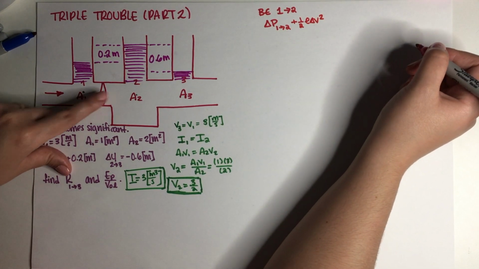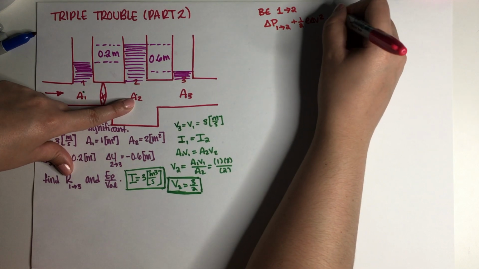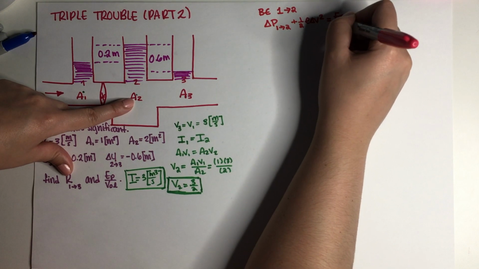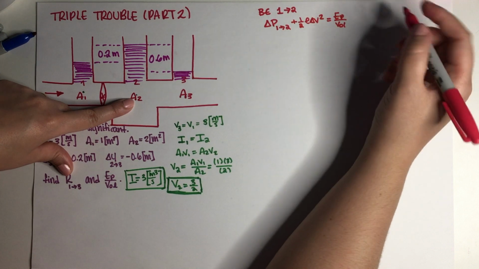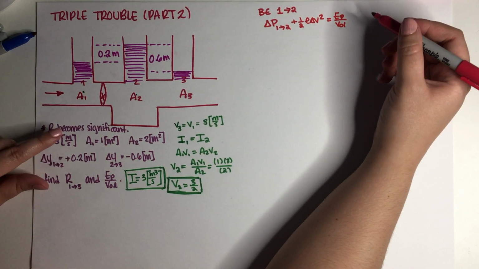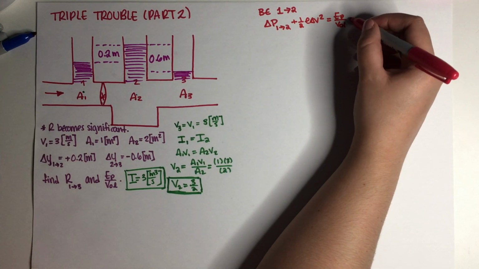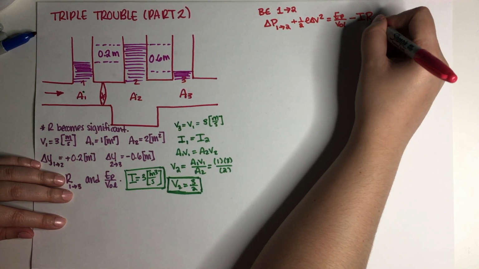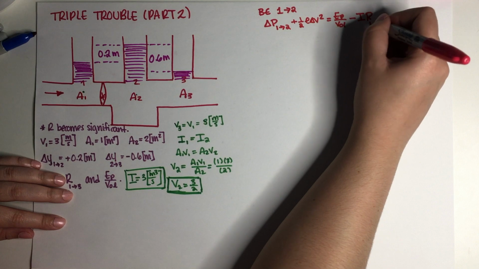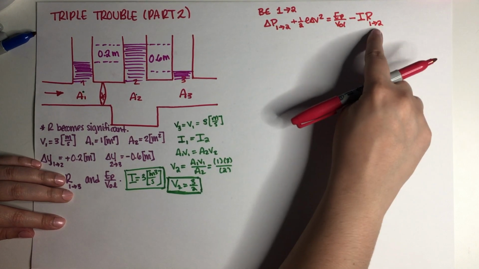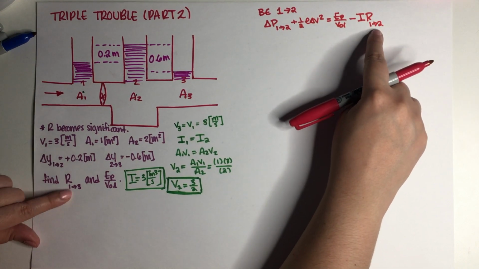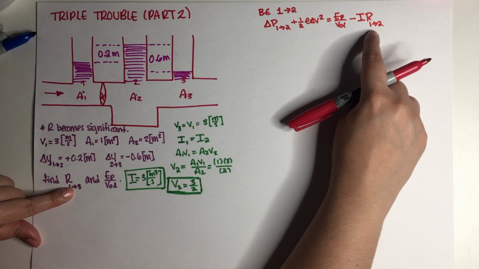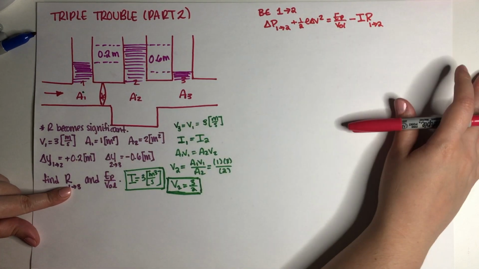I do have a pump between 1 and 2, which I would like to solve for. Ideally, I need to find this actually. And now I actually have a resistance, so I need to do negative I R. And it is important to notice that this R is just resistance from 1 to 2. So this R is not really what I'm looking for. It would be just half of that.